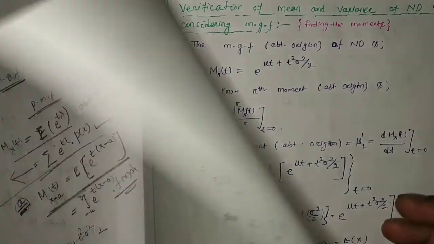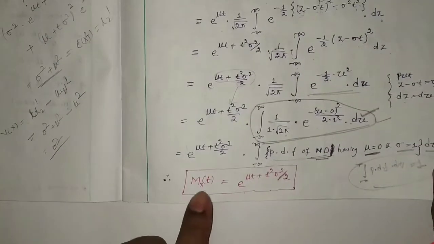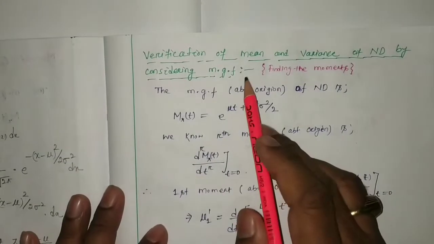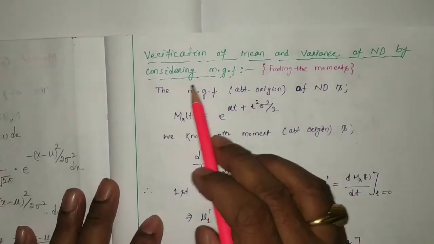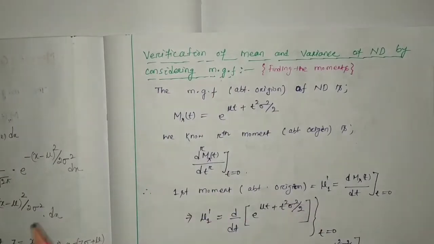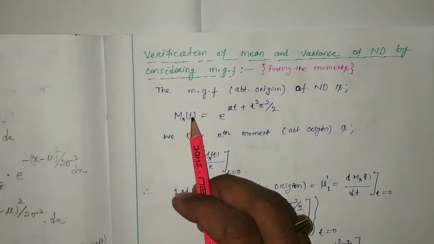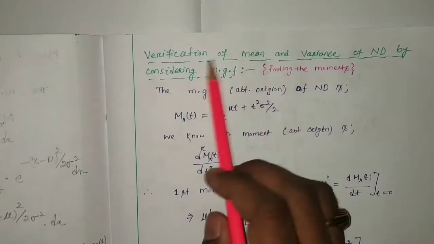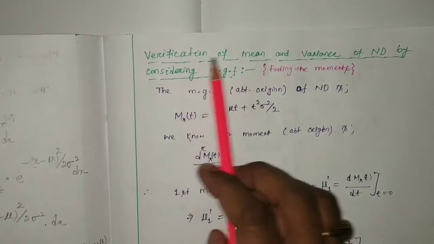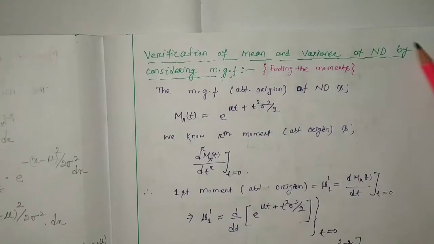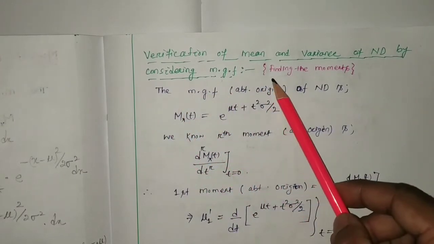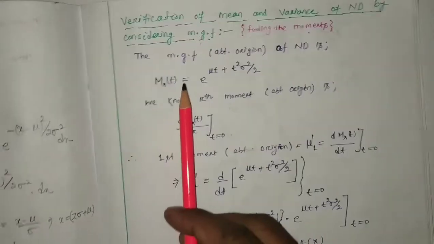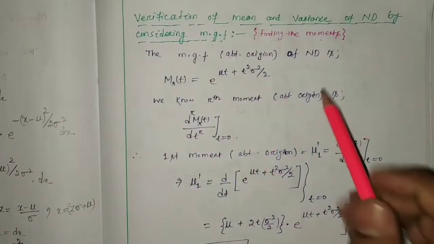Now, by using this moment generating function, we have to verify the mean and variance of the normal distribution, by finding the moments. Put the heading: verification of mean and variance of ND by considering m.g.f, or finding the moments. The moment generating function about the origin of ND is what we found.